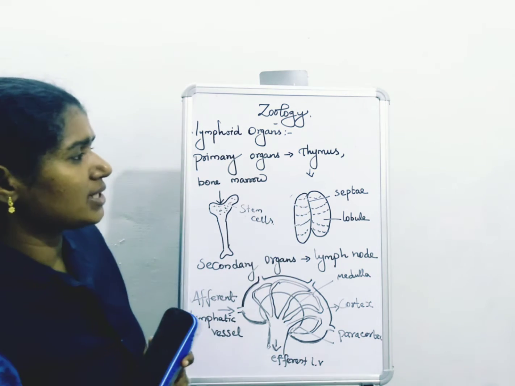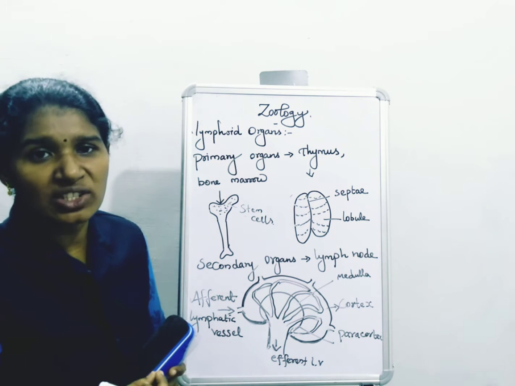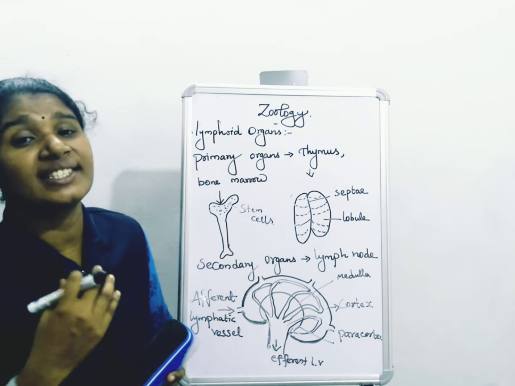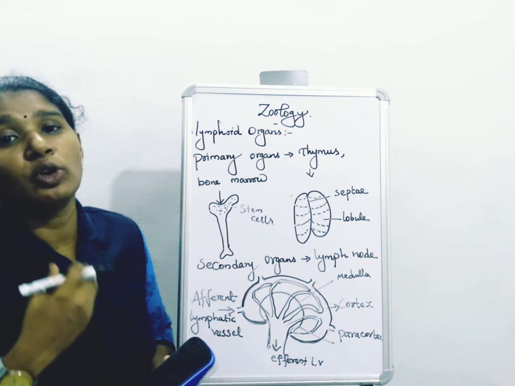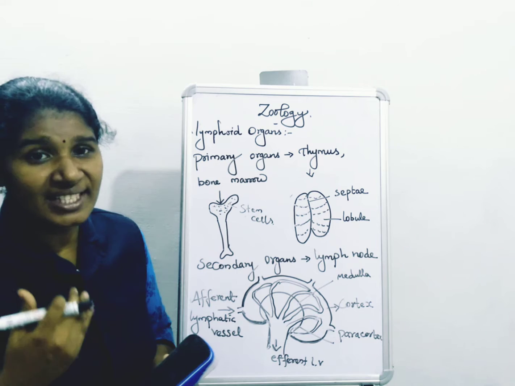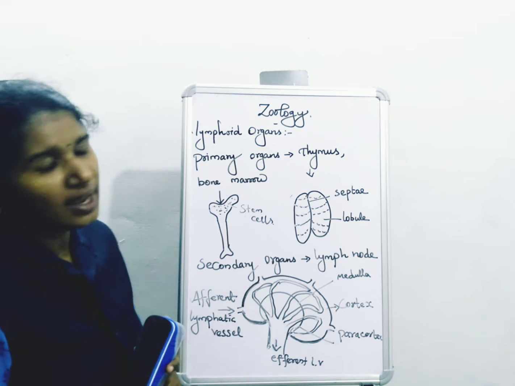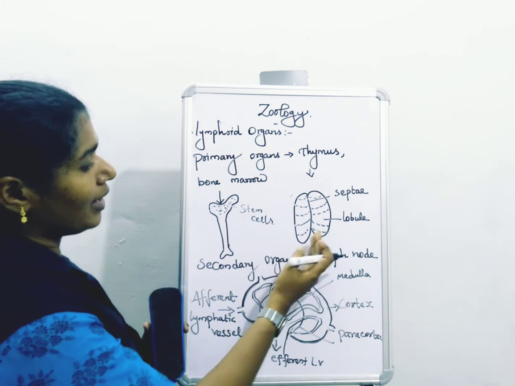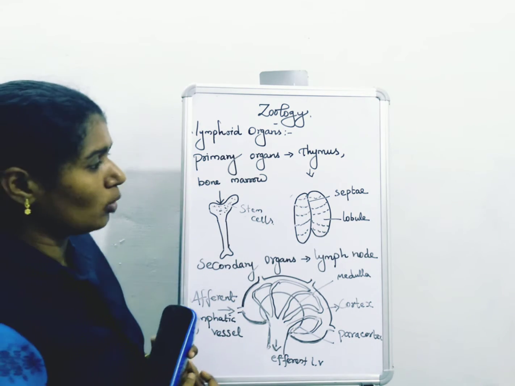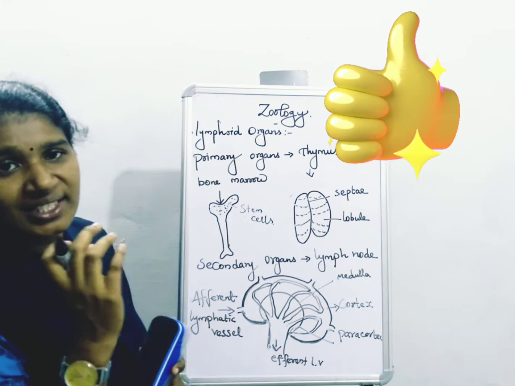Next one, thymus. We know that it is a lymphoid organ. It is a bilobed organ situated behind the sternum and above the heart. The thymus gland consists of two lobes, the right lobe and the left lobe, and the lobes are separated and interconnected by the septae.